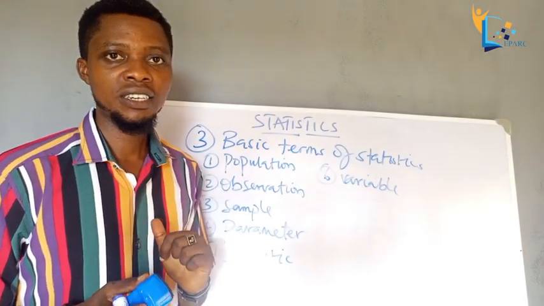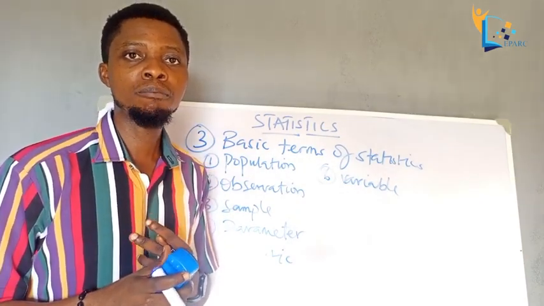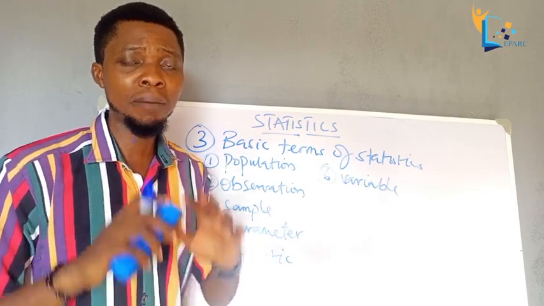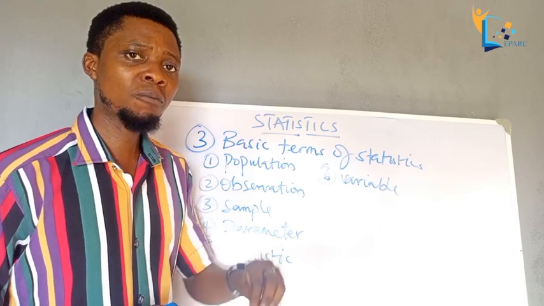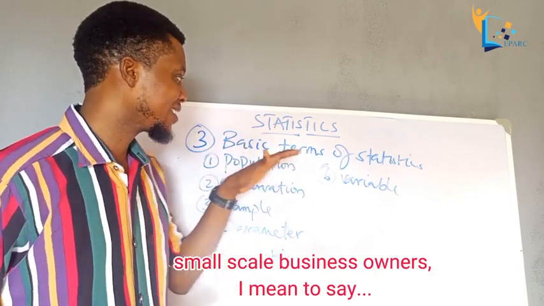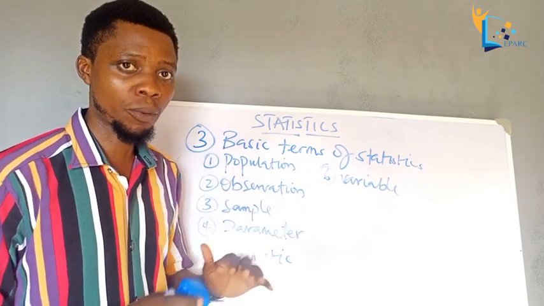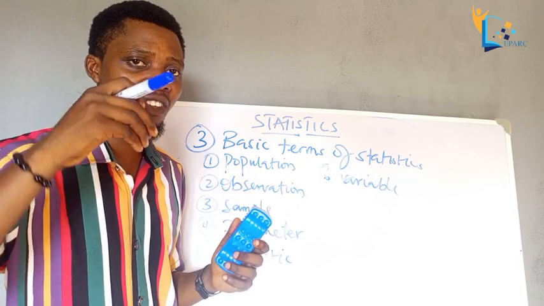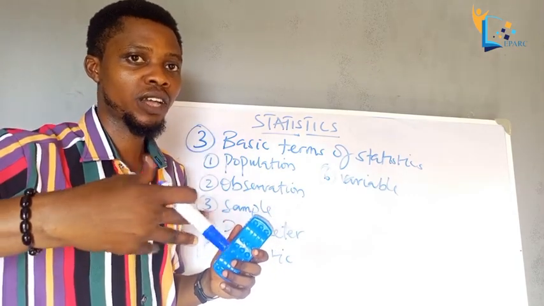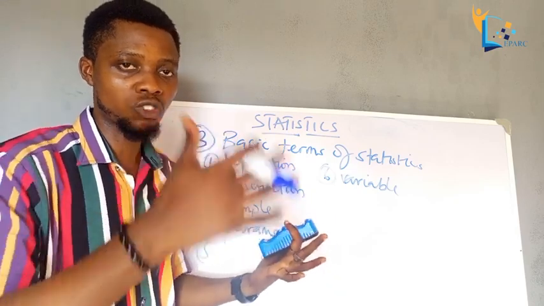If we are saying, okay, we want to know the total number of small-scale business owners within a particular location, those small-scale business owners are our population. Do you understand? So population is not necessarily the number of, as in population of USA, population of this country or that country.